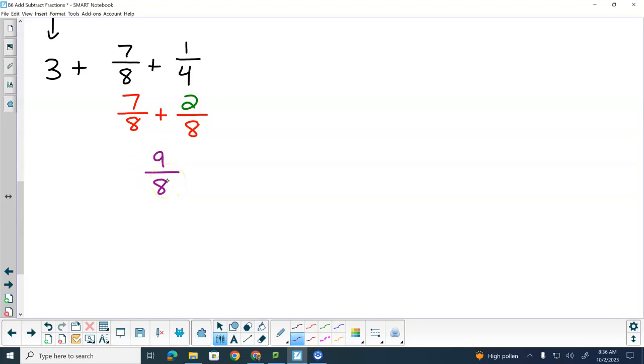Now here, because this 3 is still being added to that, we have to make 9/8 into a mixed number. Okay? 1 and 1/8. Okay? What?